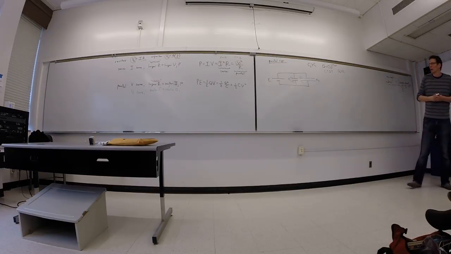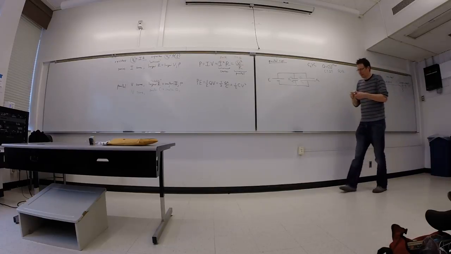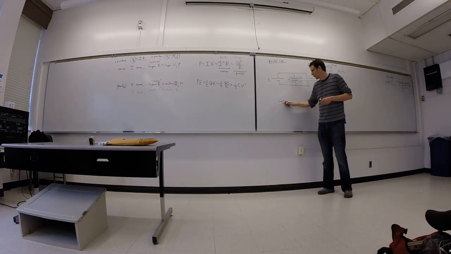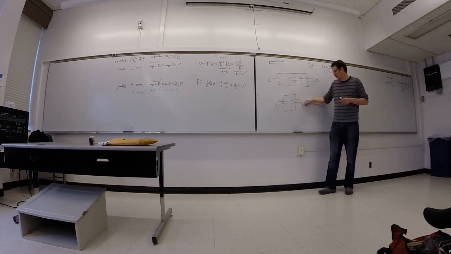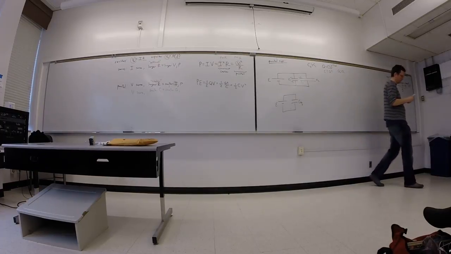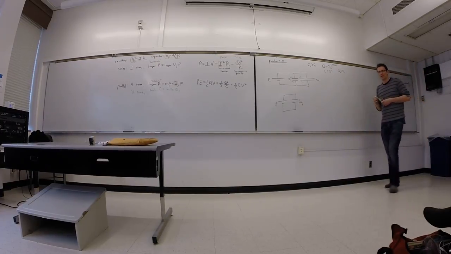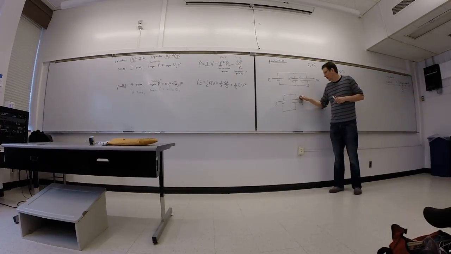So how can we quantify this circuit if we wanted to talk about just how much capacitance is in it overall? So a C equivalent, right? A C equivalent, which has a charge plus Q total and minus Q total, like that.